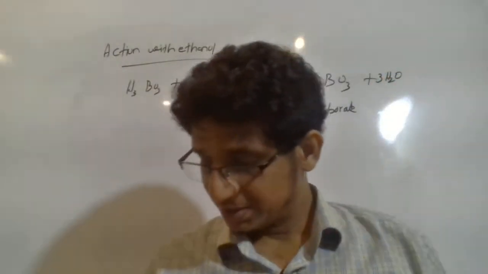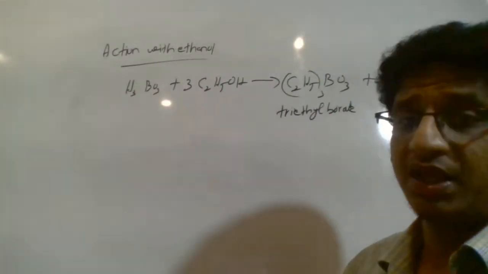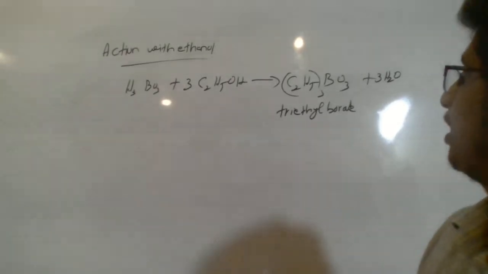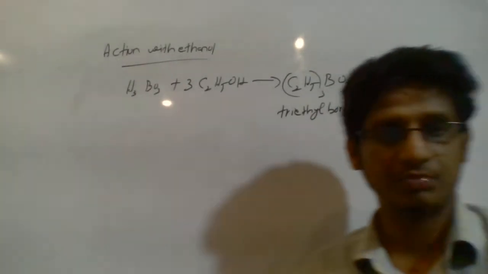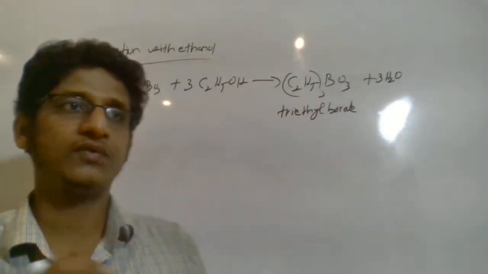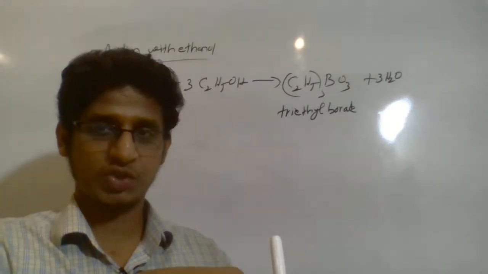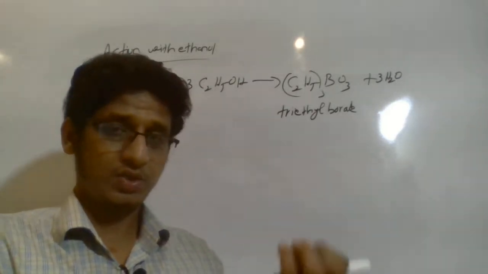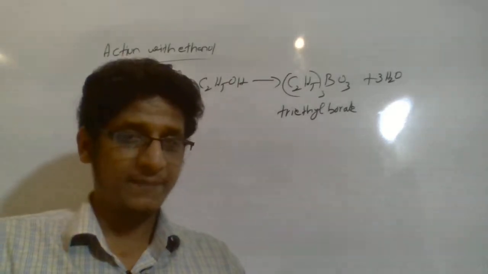So when this boric acid is heated in the presence of ethanol, a volatile triethyl boric ester will be formed. They are volatile in nature. Imagine you have taken orthoboric acid and ethanol in a test tube. When you heat it, you can see the vapors.